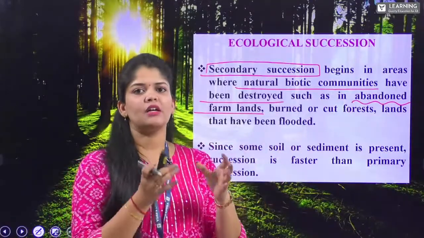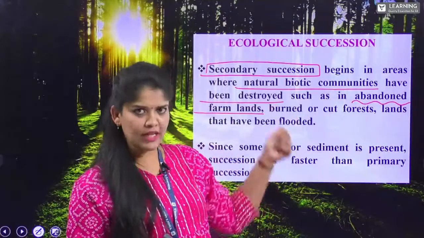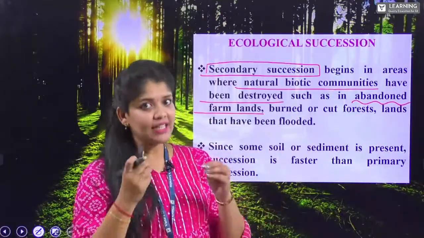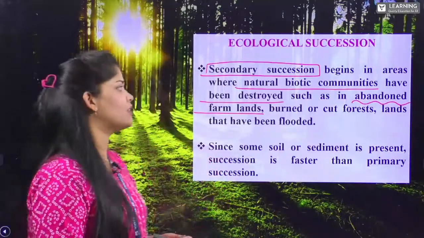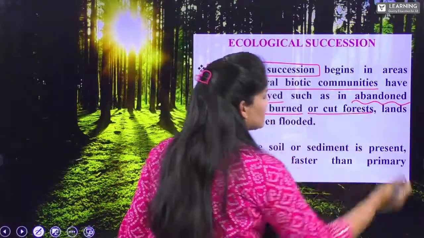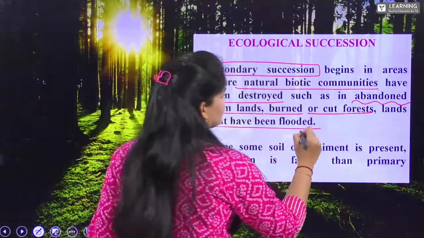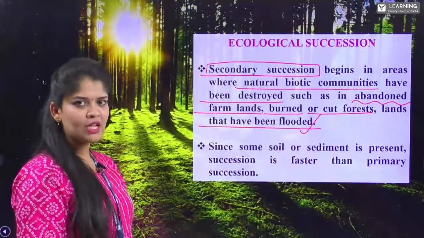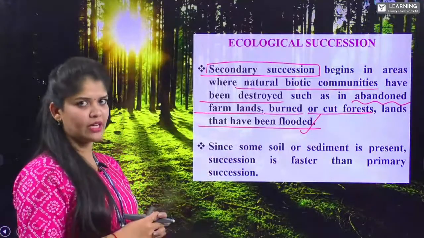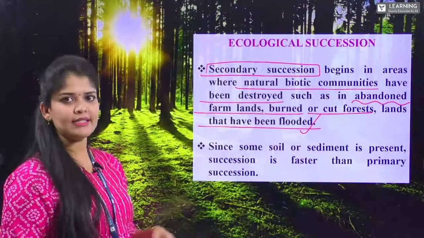As proper care is not taken of these farmlands, there is no existence of living organisms now, but previously there was. As we already said, burned or cut forests, deforestation, and lands that have been flooded. Due to floods, that particular area has lost its living organisms.